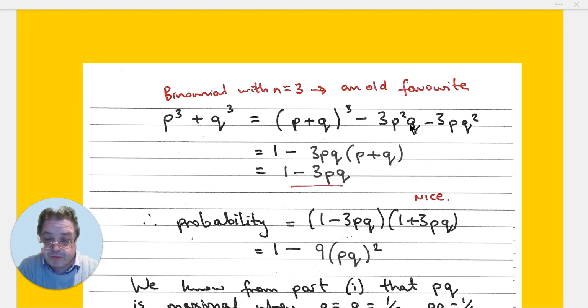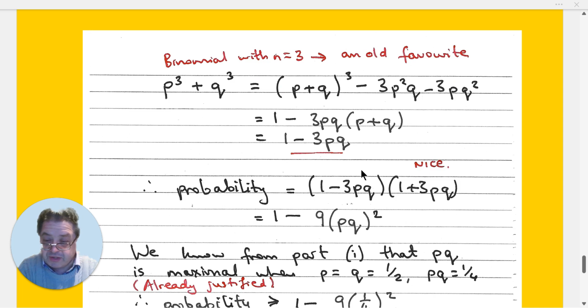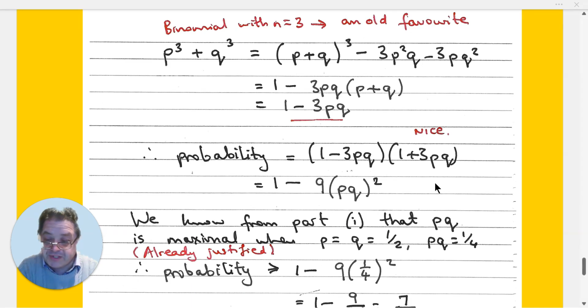Subtract 3p squared q minus 3pq squared, which is 1 minus 3pq times p plus q, so 1 minus 3pq. So the overall probability is 1 take 3pq times 1 plus 3pq. A difference of 2 squares, I think that's nice. 1 minus 9pq squared. So we need the maximum value of pq in this question.